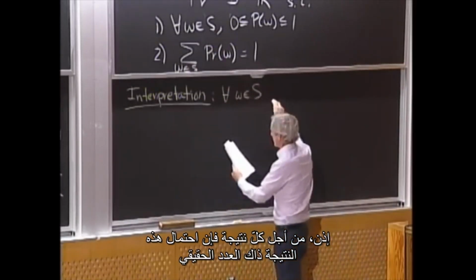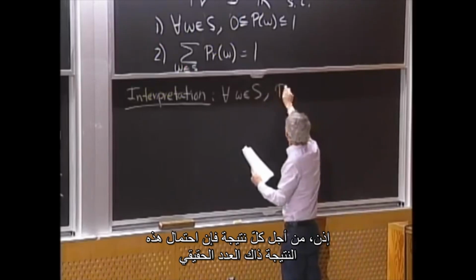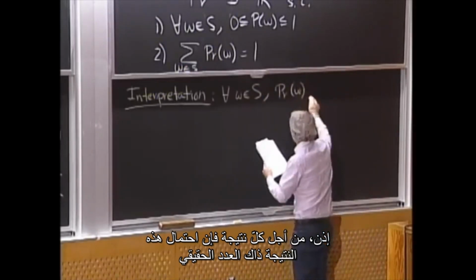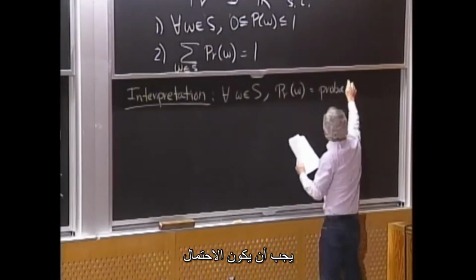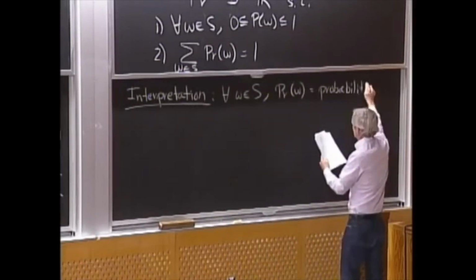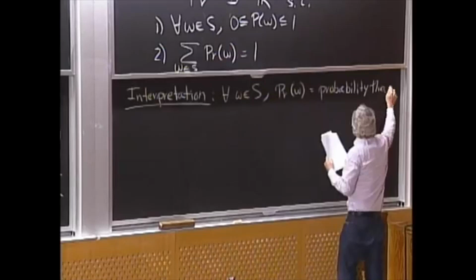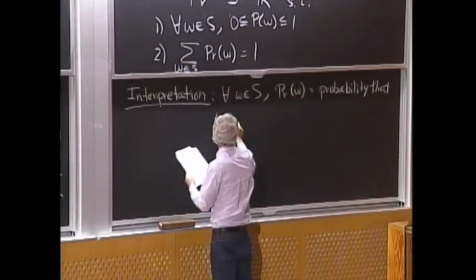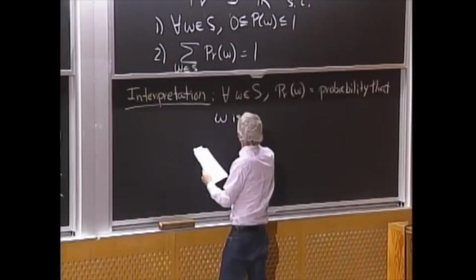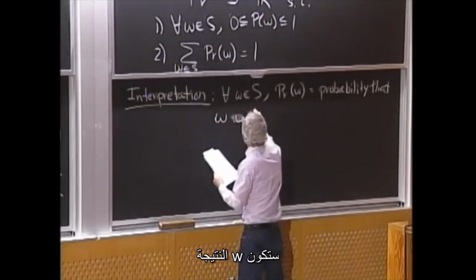So for every outcome, the probability of that outcome, that real number, should be the probability that when you run the experiment, W is what happens. W will be the outcome.